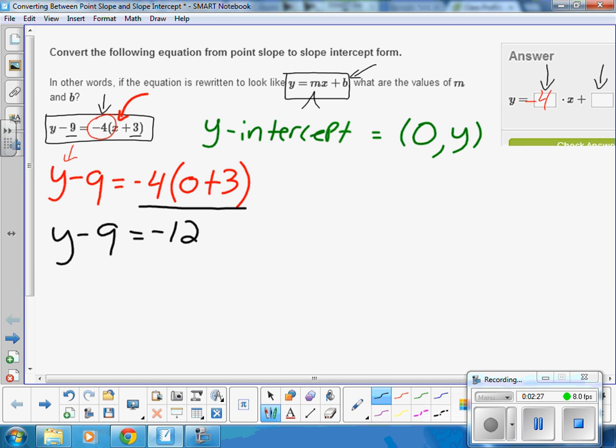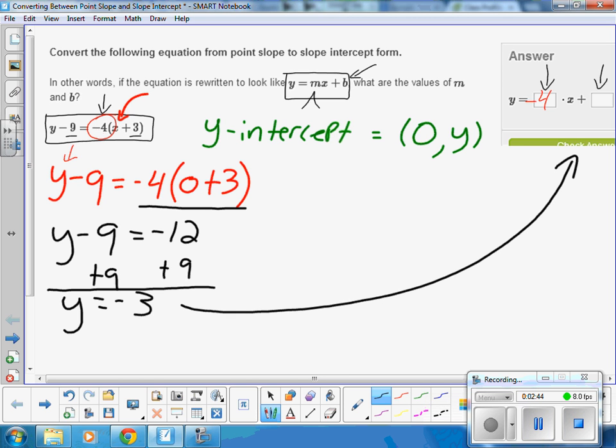So y minus 9 equals a -12. I need to add 9 to both sides. So y is equal to a -3. That means this is a -3. My intercept is a -3. Now, if you didn't follow all this, don't panic. We'll do more of them.